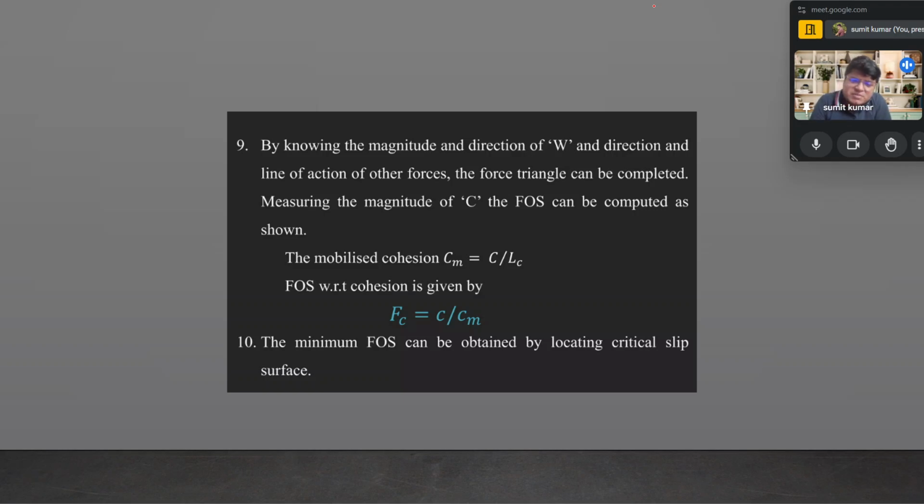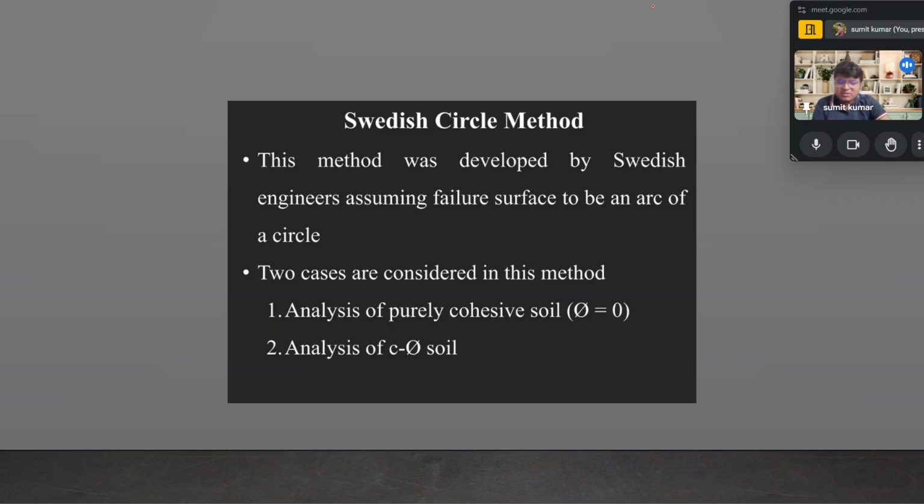Measuring the magnitude of C, the FOS can be computed as shown, and the mobilized cohesion Cm is said to be C upon LC, and the factor of safety with respect to cohesion is given by FC equal to C by Cm. The minimum factor of safety can be obtained by locating the critical slip circle. So finding the critical slip circle is the first criterion while moving with this method.